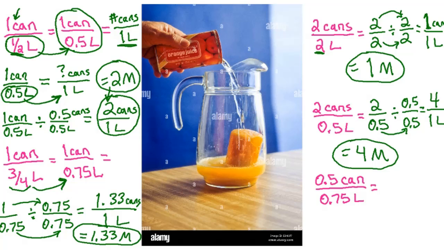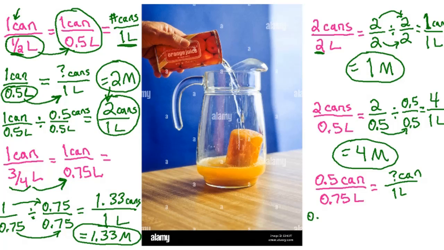Okay, what about this last one? We only have half a can, 0.5 of a can, in 0.75 liters of water. So that's 3/4 of a liter of water. So if we only have half a can in 0.75 liters, we need to turn this 0.75 liters into 1 liter and find out how many cans that is.